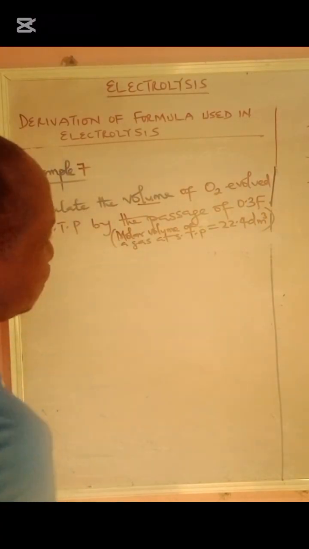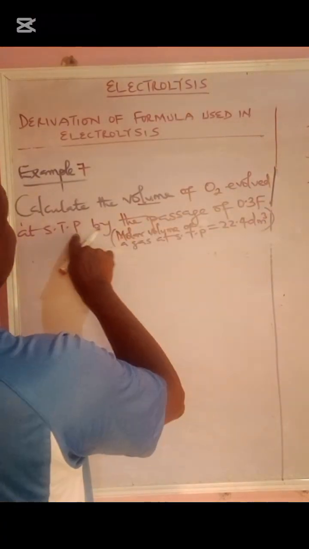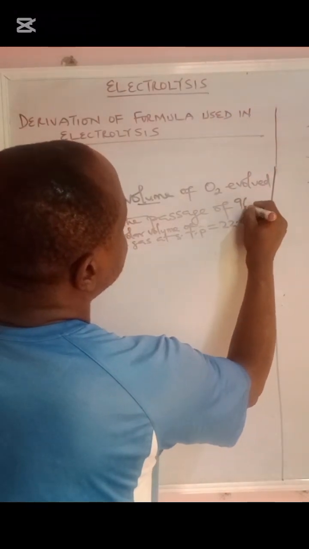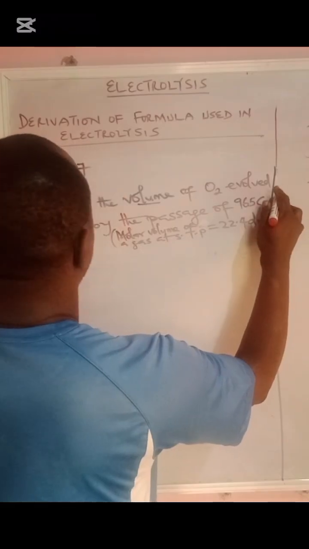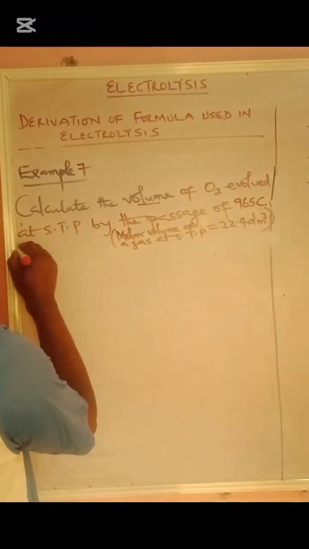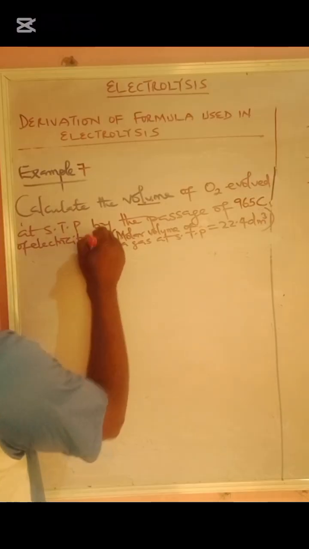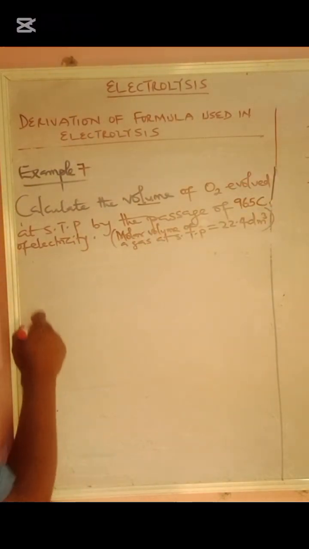Example 7. Calculate the volume of oxygen involved at STP by the passage of, let me say, 965 coulomb of electricity. Instead of giving it in Faraday, it's now given in coulomb. How do we do this? The same thing.